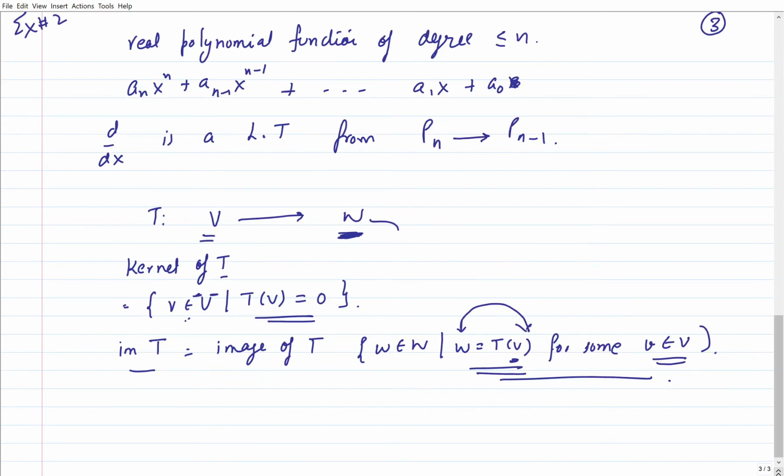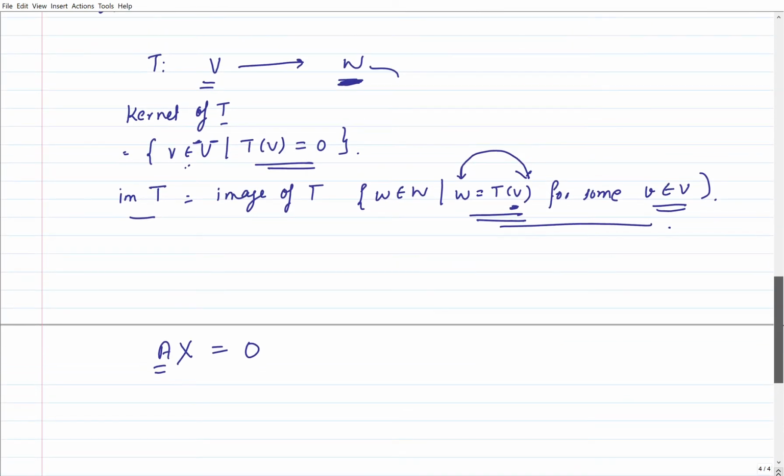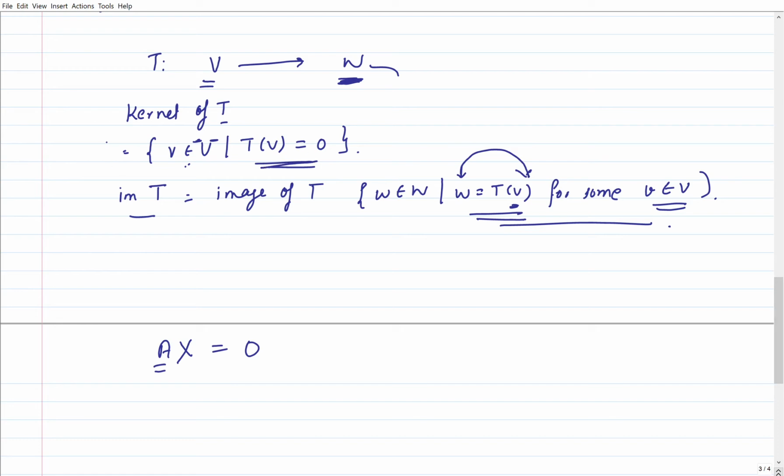So it is convenient to interpret them as a left multiplication by a matrix. So consider the matrix A. Let's say my linear transformation was the multiplication by the matrix A. So the kernel of T is nothing but the set of all x such that Ax equals 0, this condition.